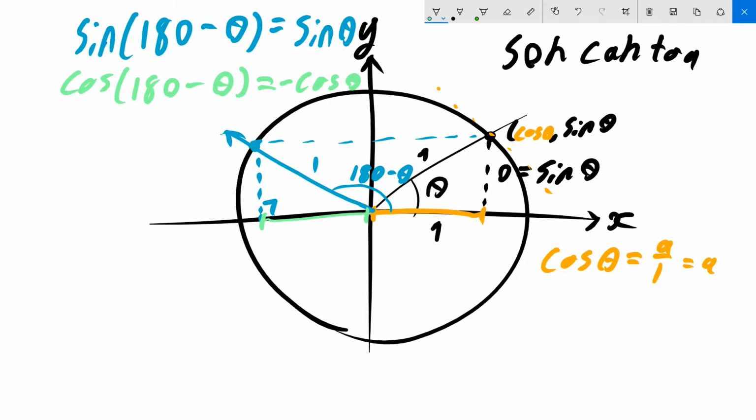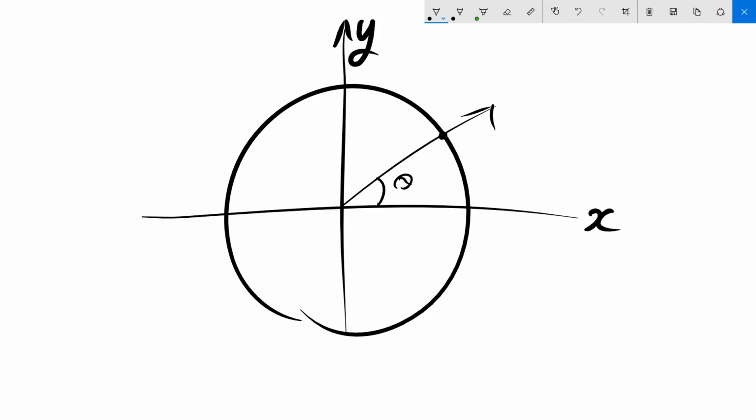So that's all nice. We have two very nice relationships. But what else can we do with this unit circle? Well, let's see if we change our angle theta again. So here's our unit circle again.